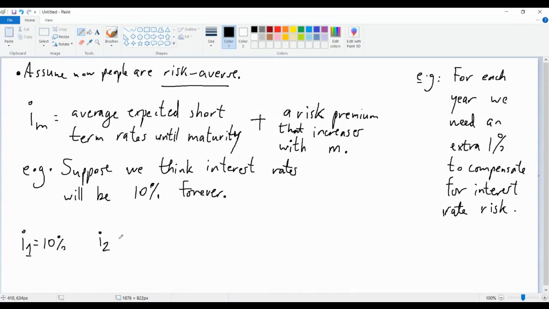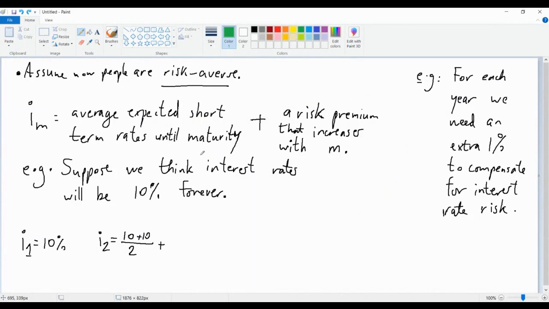What's I_2? I_2 is going to have two parts. One is that it's the average of the expected short-term rates this year and next year. So this year it's 10, next year it's also 10 in this simple environment. We divide by 2 to get the average. But there's this additional component, which is I don't like long-term bonds because they expose me to interest rate risk.